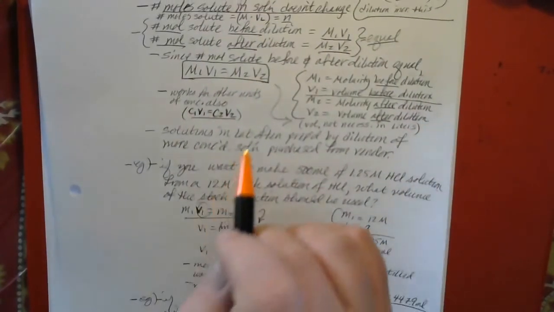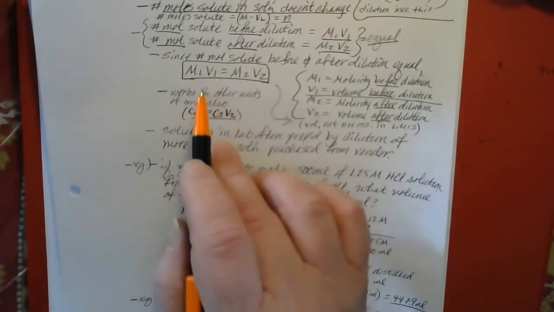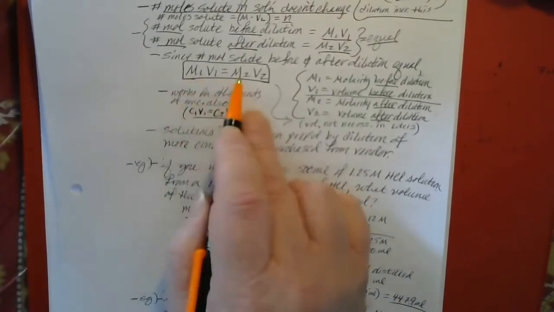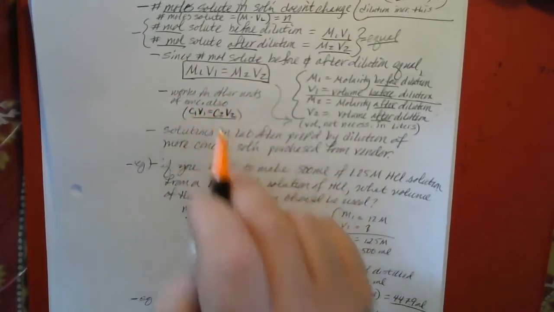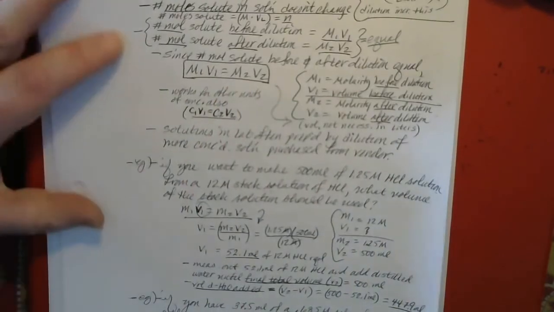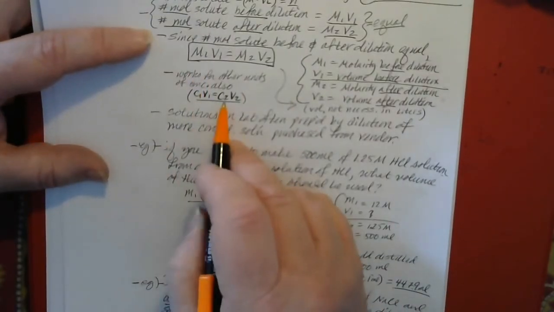Molarity so far is the only unit for concentration that we've seen, but later on when we see more, you could use those units of concentration too, as long as you use the same units for M1 and M2, or C1 and C2. You could use mass percent, which is one of the other concentration units, for concentration 1, as long as you use mass percent for concentration 2 also.